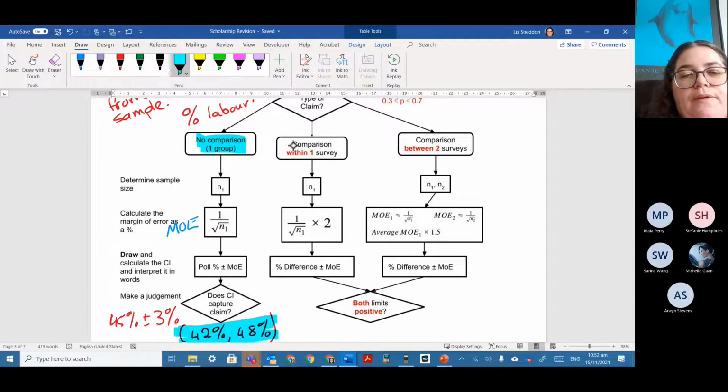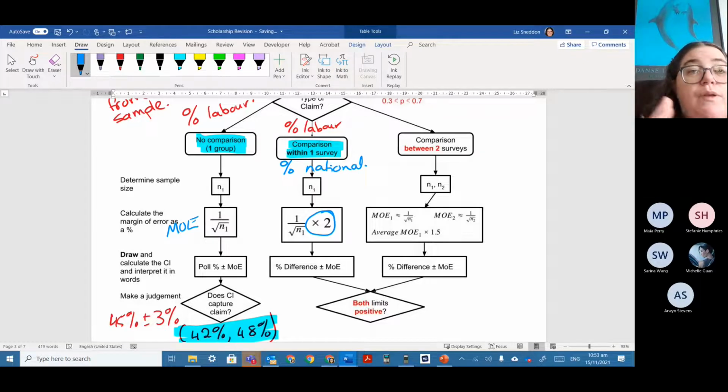Then we get to our comparison within one survey. So that might be if I want to compare the percentage who voted for Labor with the percentage who voted for National. And so I'm comparing these two. My margin of error now has ×2. So it's within one survey.